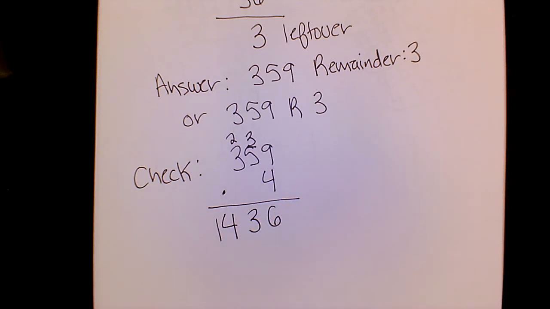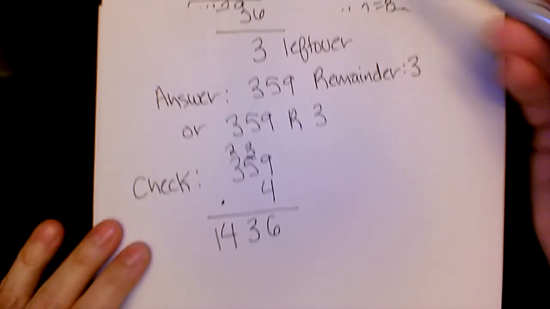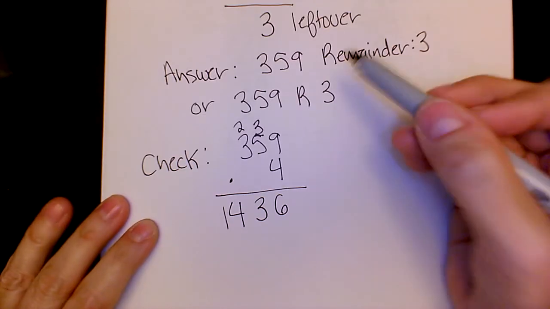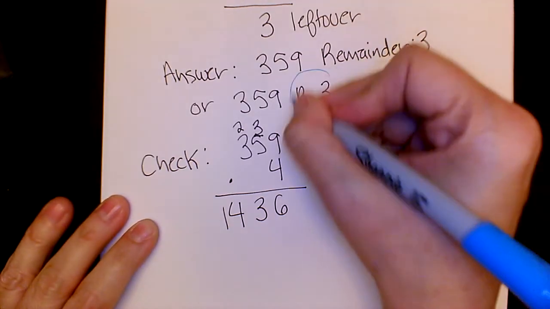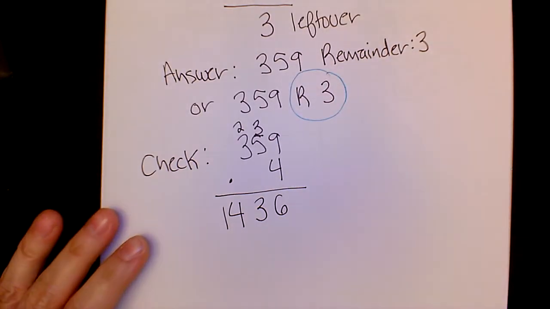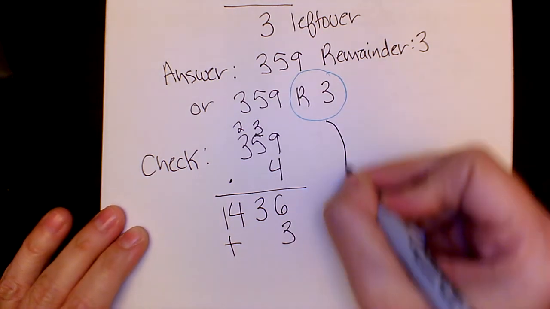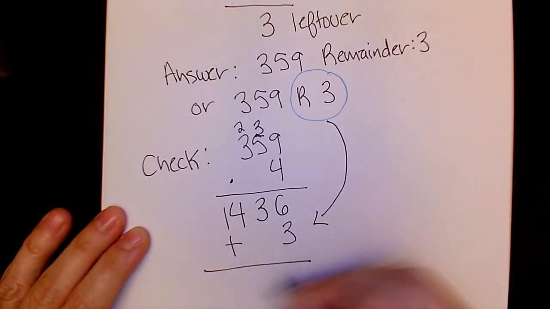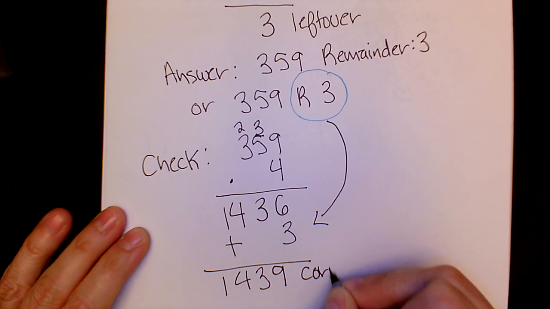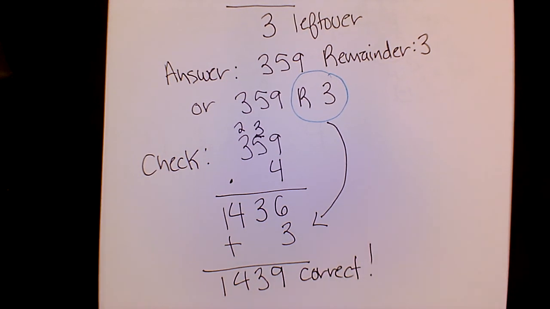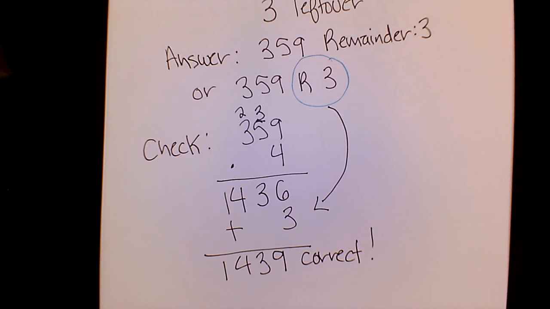So we're not quite to, we want to get to, remember, the 1439. So we take our remainder and we add it, and then we'll get our correct answer of where we started out with, the 1439.